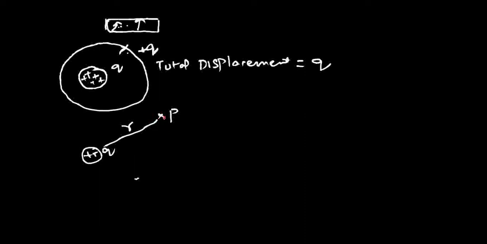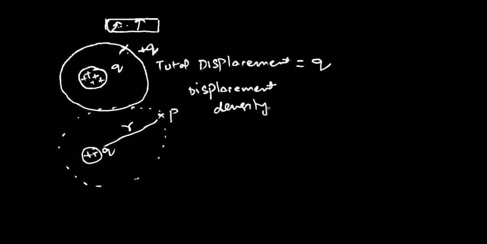No, you can't talk about the total displacement here, because the total displacement can occur only on the outer surface of the hollow sphere, and that is at infinity. Since you can't talk about the total displacement at this point p, you can define the quantity called displacement density. What is line charge density?